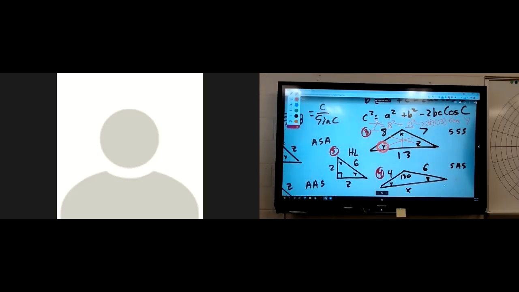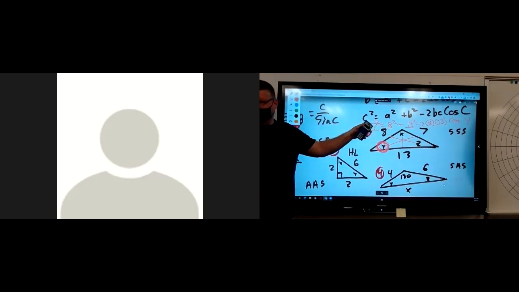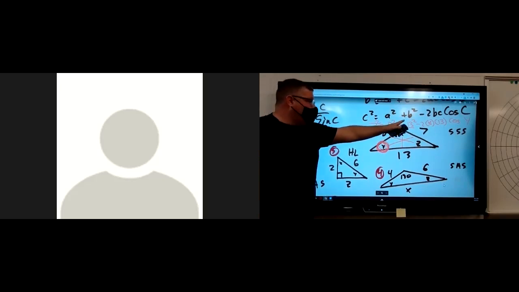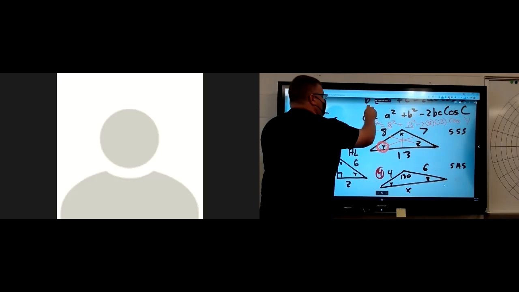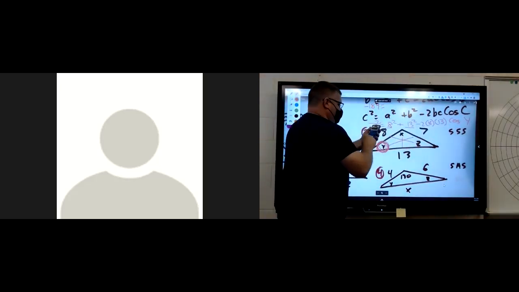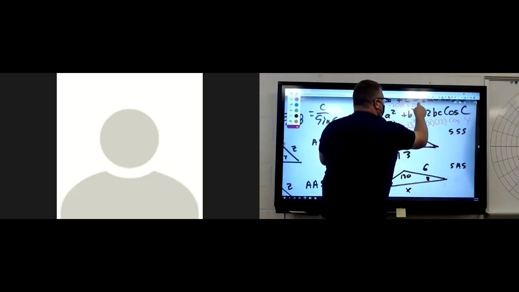So here's what I'm going to do. I'm going to say 49. Everybody agree? Minus, what's this? Minus, okay. And I get negative 184 equals negative 208 cosine y.